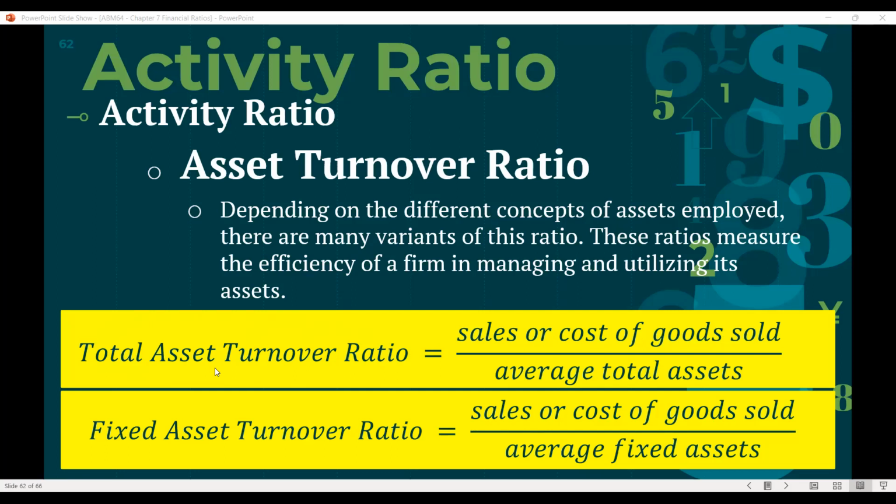So regardless, you can make a choice as to which asset you will use. So what concept of asset will you employ? May it be total or fixed. So that's the formula: sales over average total or average fixed assets.